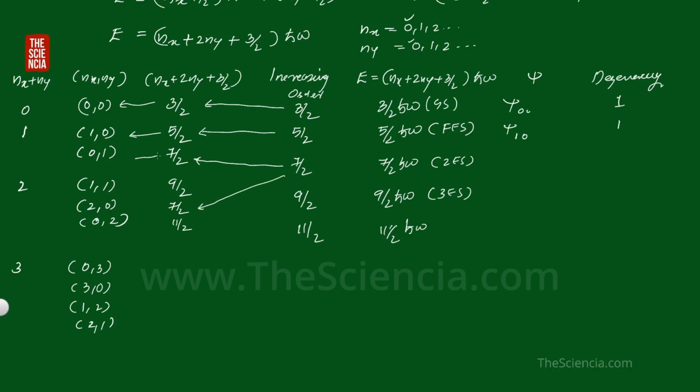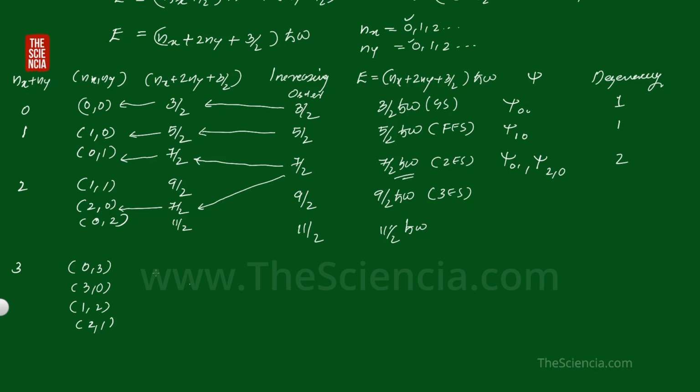For 7 by 2, there is one more 7 by 2. So this corresponds to this state and this corresponds to this state. That is, if the wave function is psi 0 1 and if the wave function is psi 2 0, both have the same energy, that is 7 by 2 h cross omega. So the degeneracy is 2.